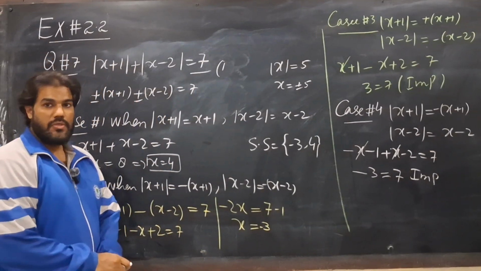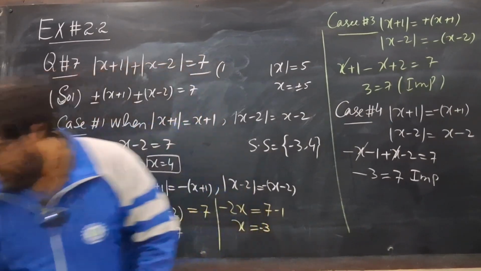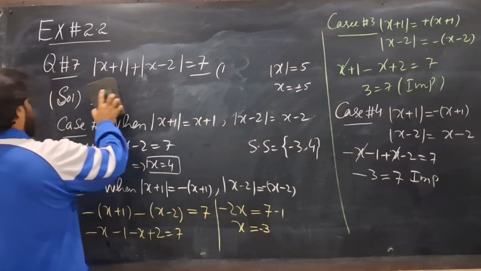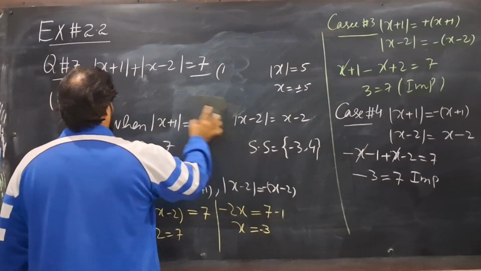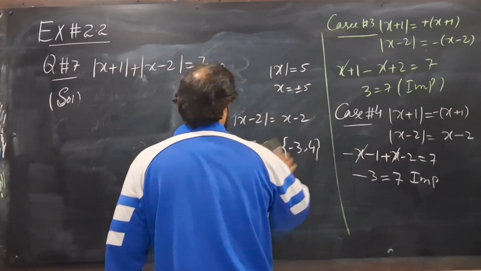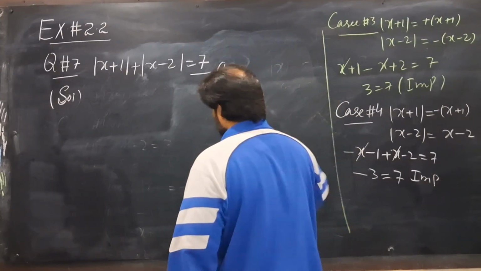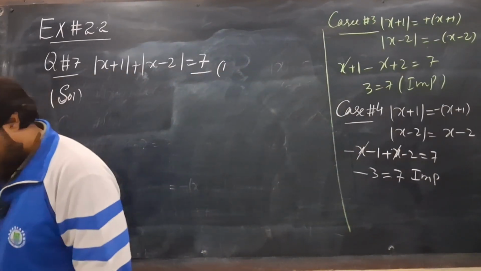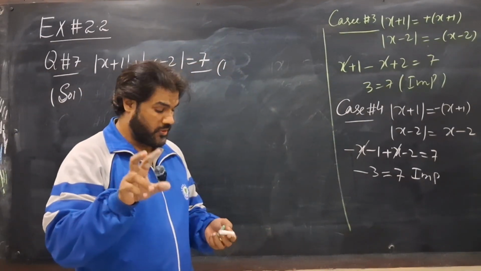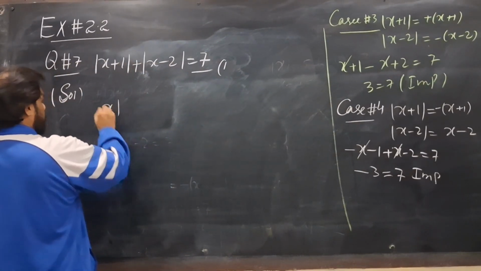So this is the first idea. The second idea is actually related to the definition of the absolute value function that I also discuss here. To understand this idea, you have to focus on the definition of the absolute value function. What was the definition of absolute of x?